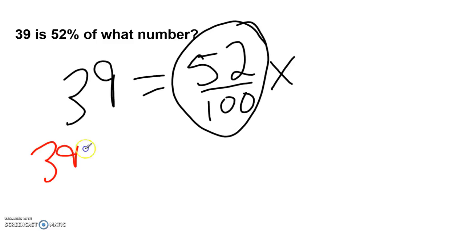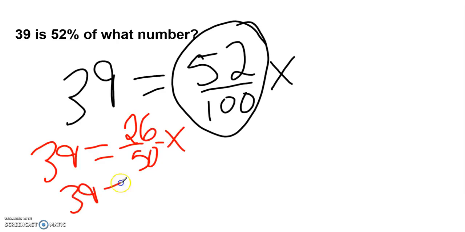So 39 equals, and 2 goes, so that's going to be 26 over 100, which is going to be over 50, which, if I divide that by 2 again, is 13 over 25x.